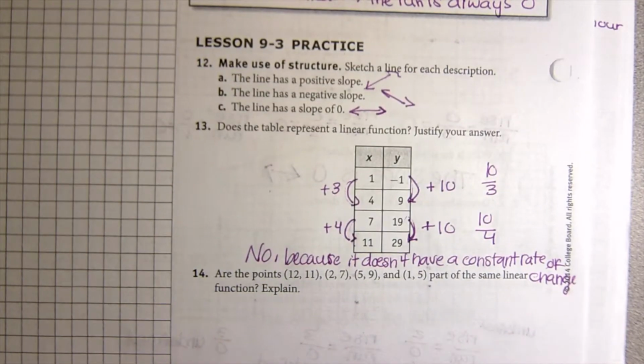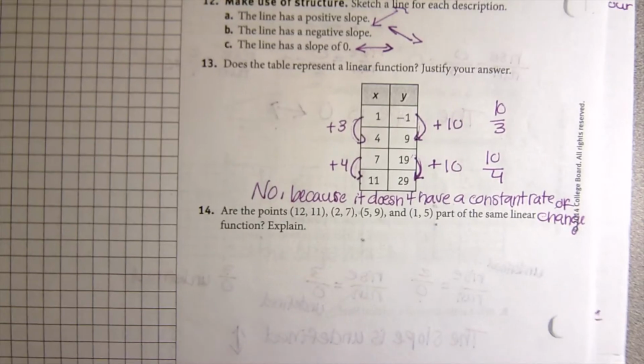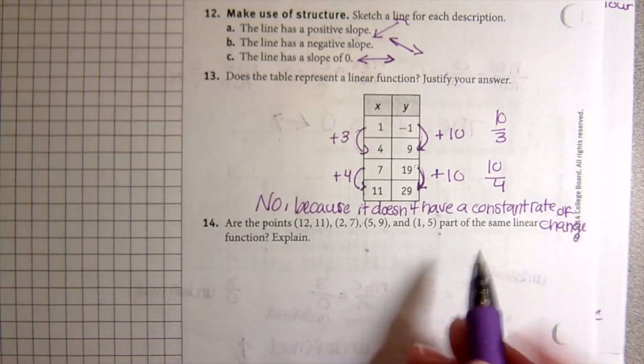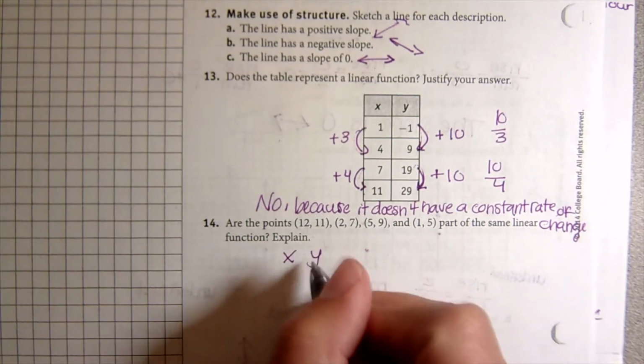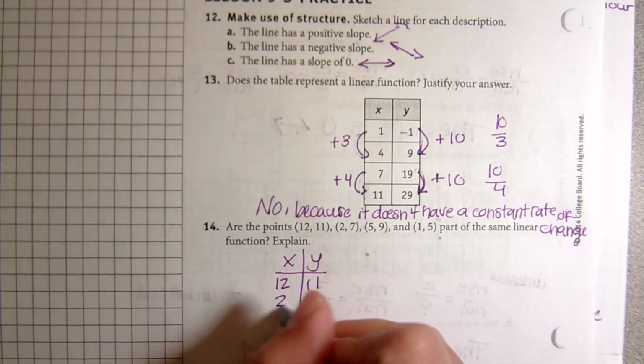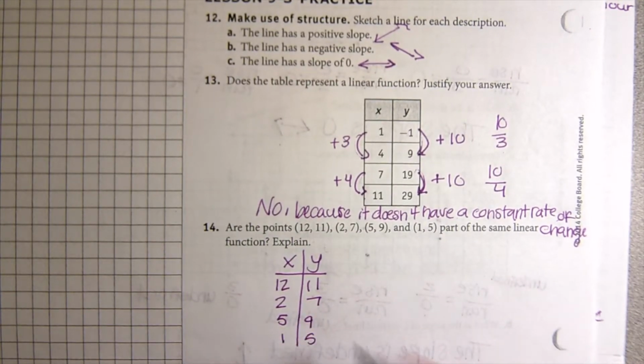All right, 14. There are two ways that you can go about number 14. You can either find the slope using the slope formula, or my preference would be to turn these numbers into a table and then do exactly what we just did with the other tables. So this would be 12, 11, 2, 7, 5, 9, and 1, 5.